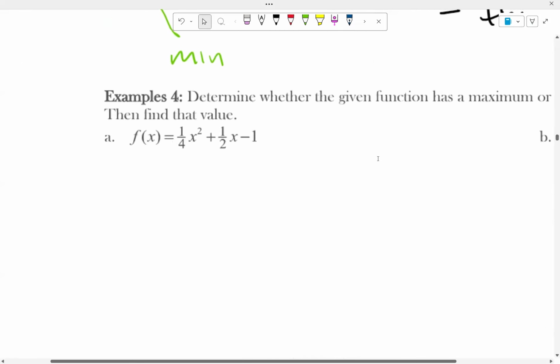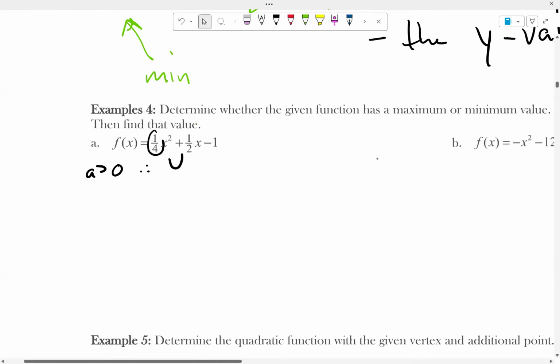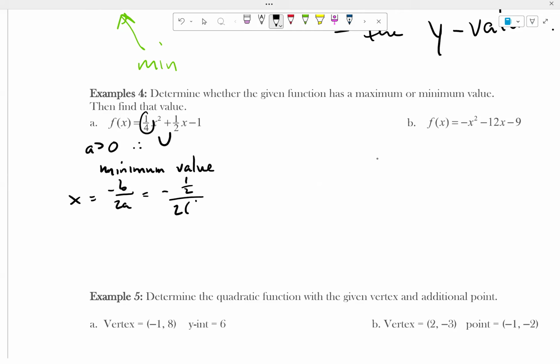In any case, here that is our a. A is greater than 0. Therefore, our parabola is going upwards, so it has a minimum value. And to get that minimum value, we have to find the y-coordinate of the vertex. Before we do that, we're going to find the x-coordinate of the vertex. So x is equal to negative b over 2a, or negative 1/2 over 2 times 1/4, which is negative 1/2 over negative 1/2.